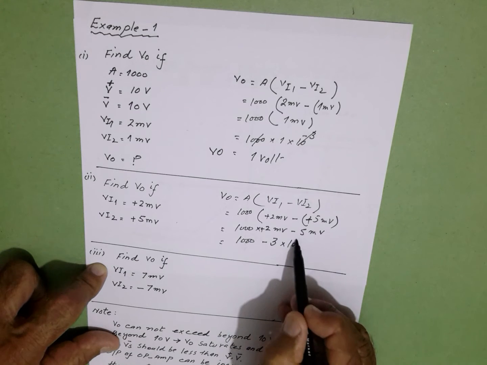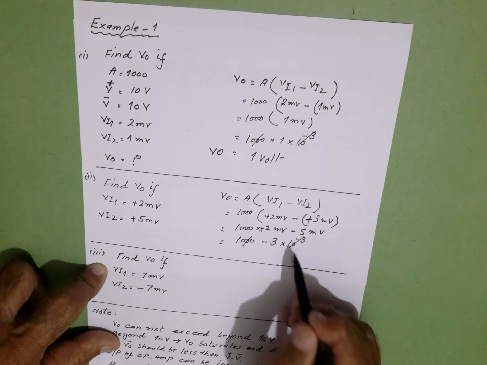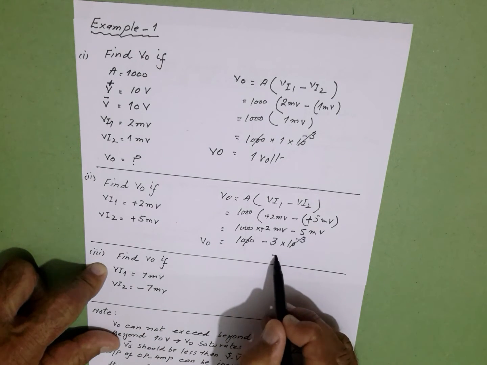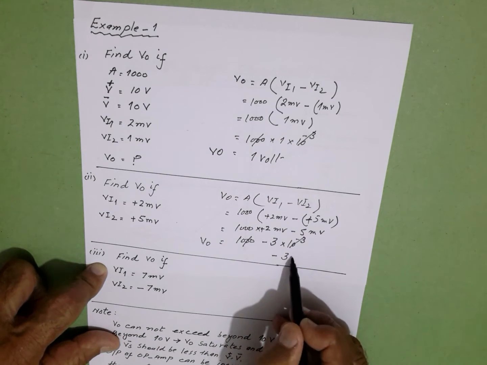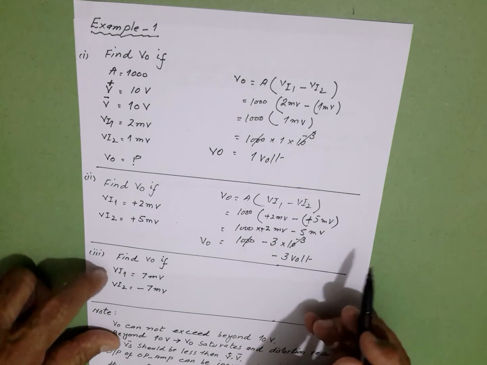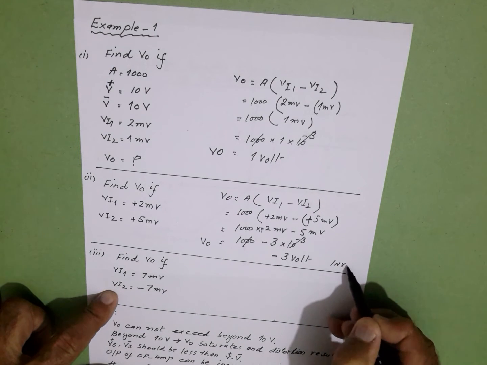We can write this as such. These three zeros cancel with this, and we are left with V naught equal to minus 3 volt, and the amplifier is working as an inverting amplifier.